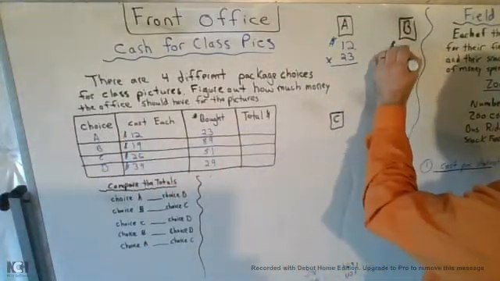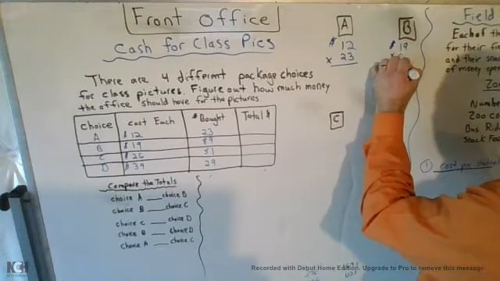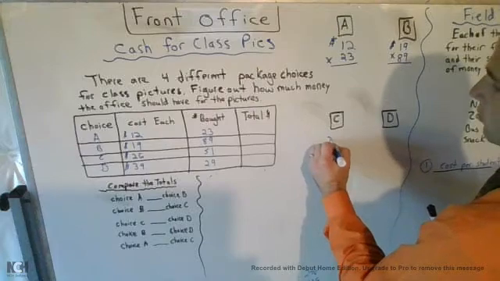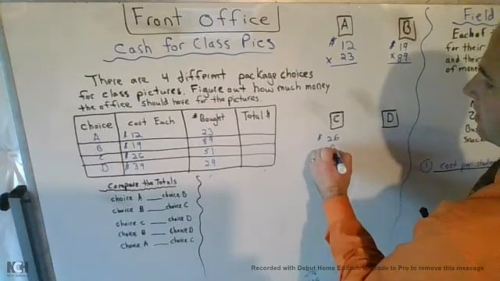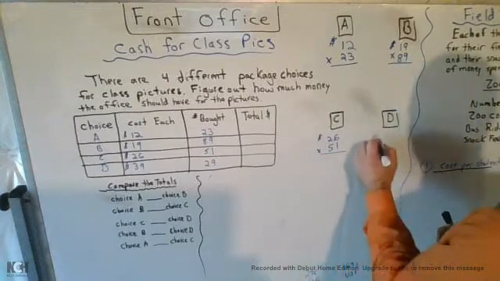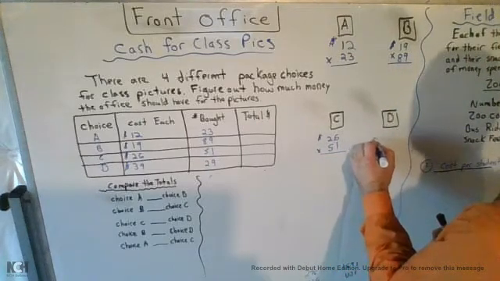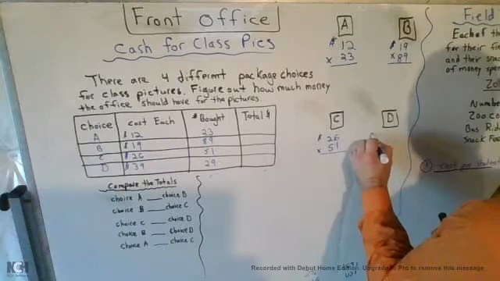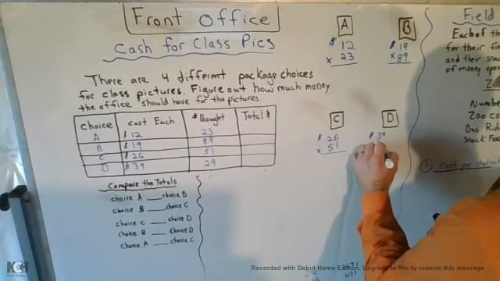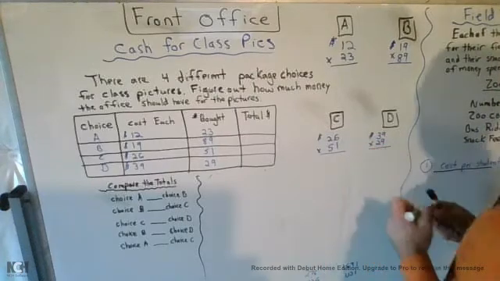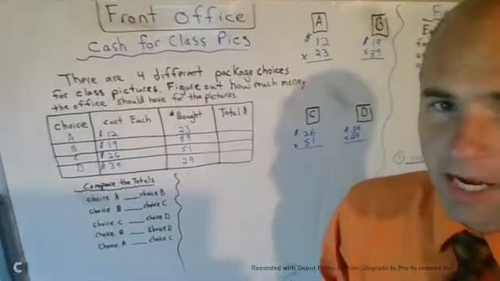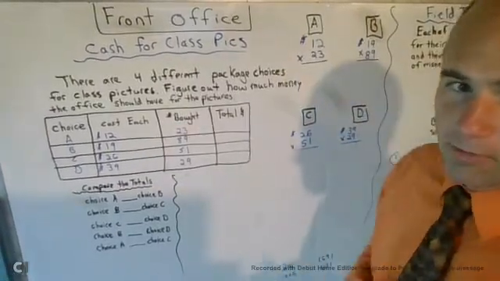And then you're going to also need to do $19 times 89 students. And for choice C, $26 times 51 students. And for choice D, we're going to need to do $39 times 29 students.